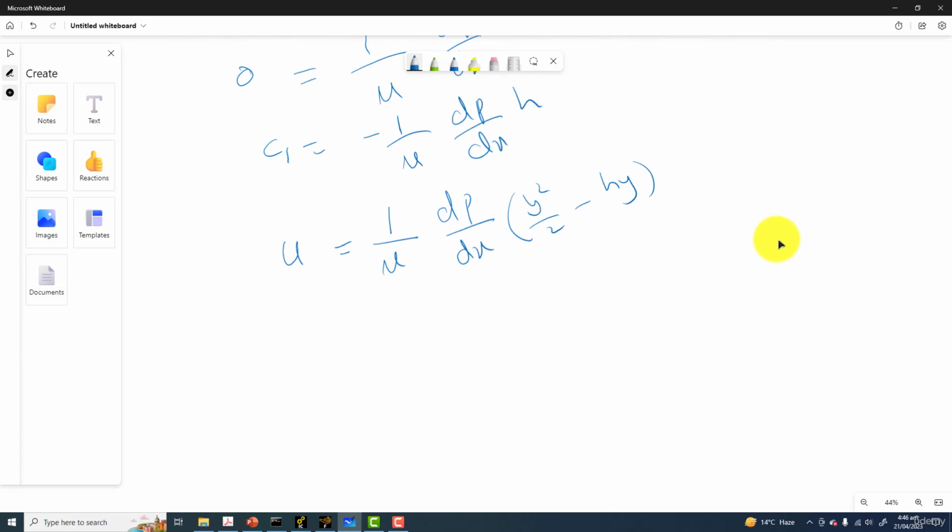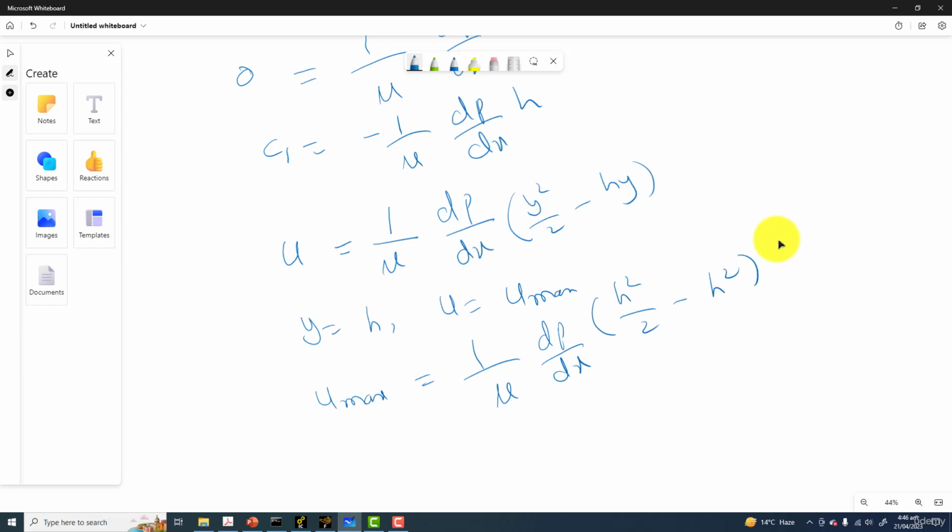Okay, so now we have this, and at y is equal to h, u is equal to u max. So u max is equal to 1 upon mu and dp by dx, times h square upon 2 minus h square.